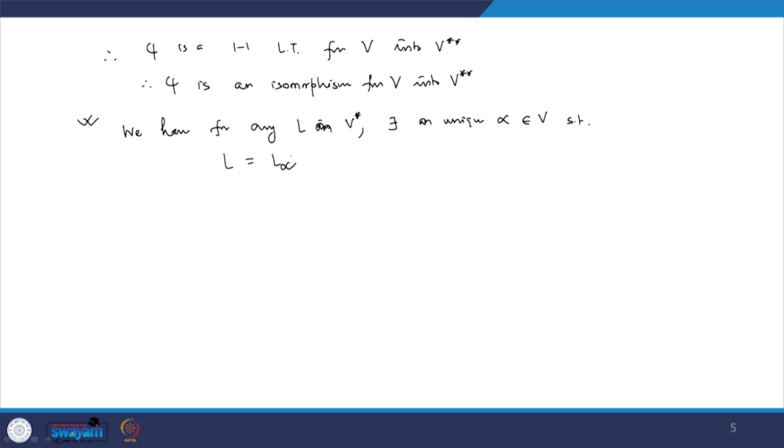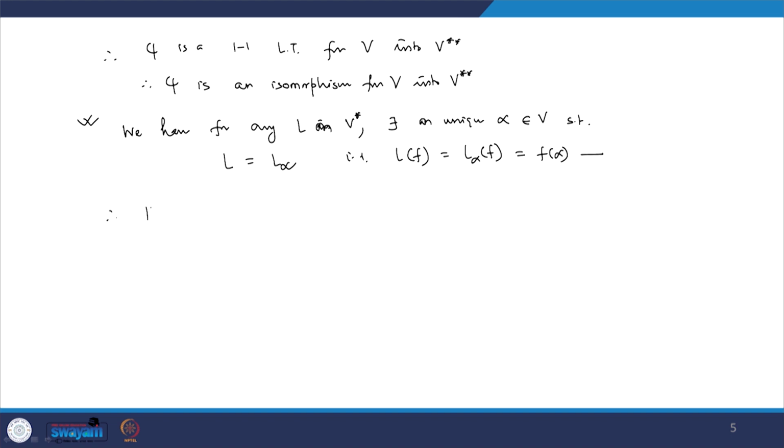So, whenever you consider an element in V double star, L is basically an element in V double star, so definitely there will be an element in V. So, for any L in V double star there will be an element alpha belongs to V such that L equal to L alpha. That is L of f equal to L alpha of f is equal to f of alpha.